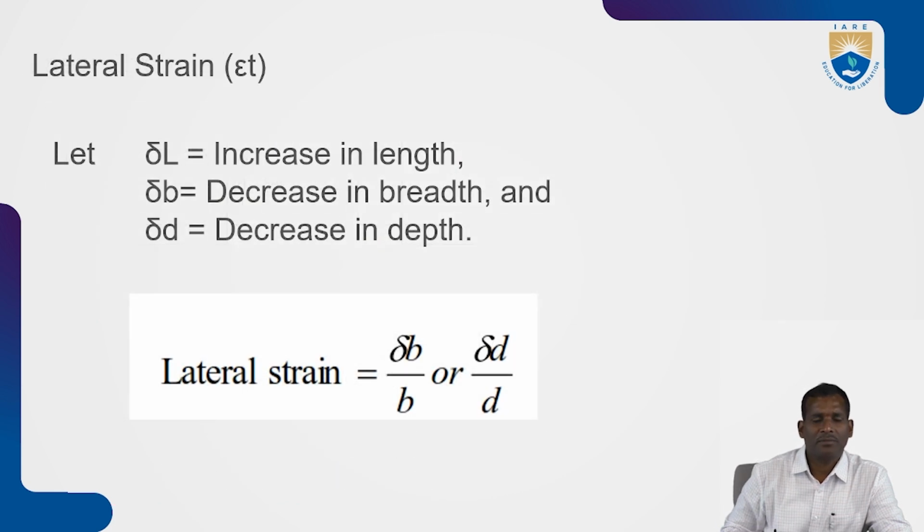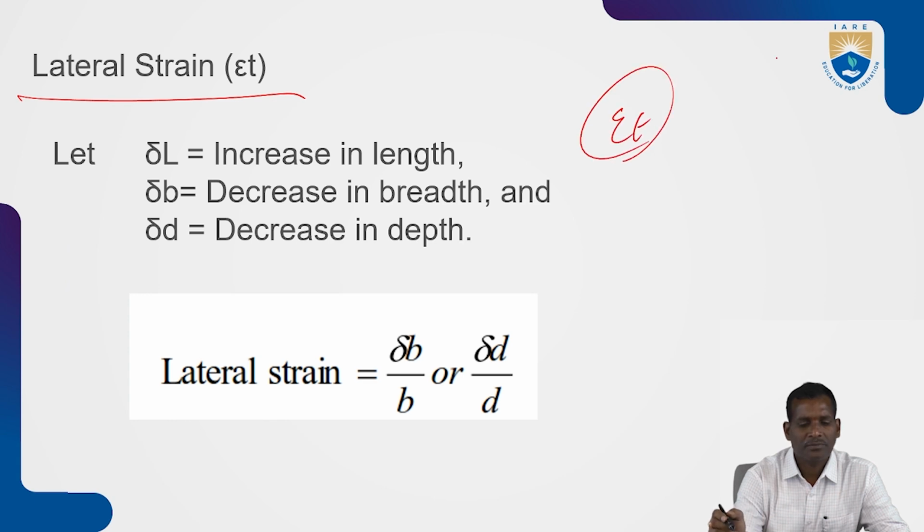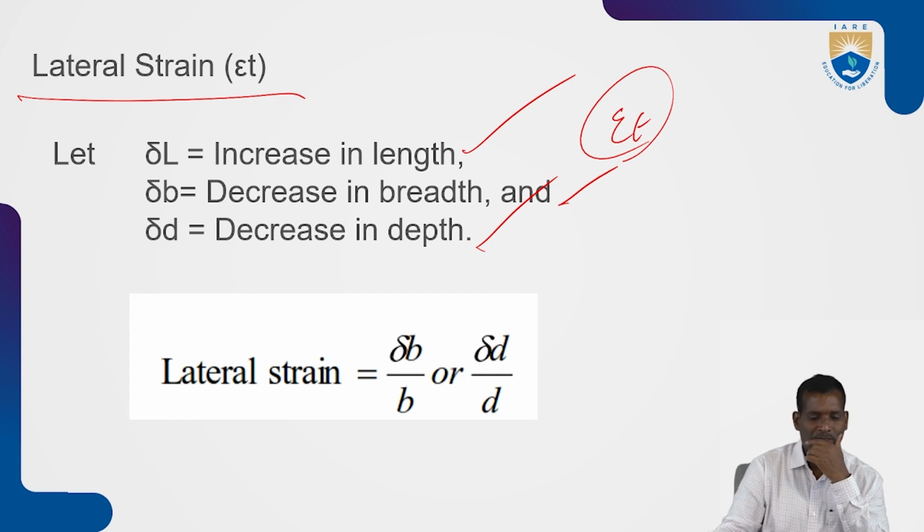Next, lateral strain, tangential strain or lateral strain, epsilon T. So here delta L is the increase in length, delta B is the decrease in breadth, and delta D is the decrease in depth. The lateral strain is equal to the decrease in breadth upon original breadth.